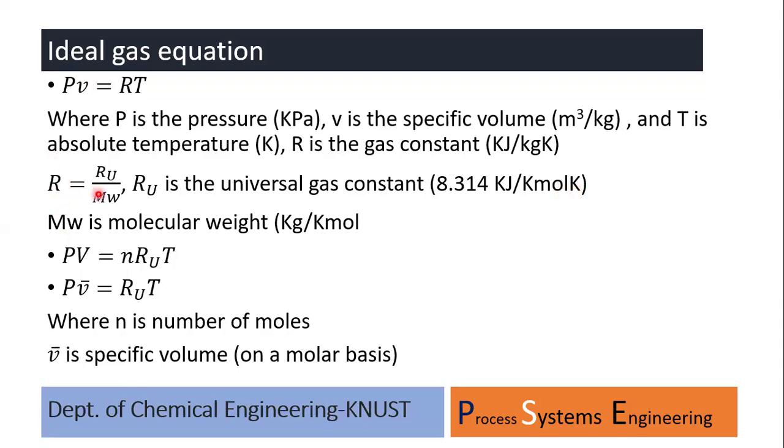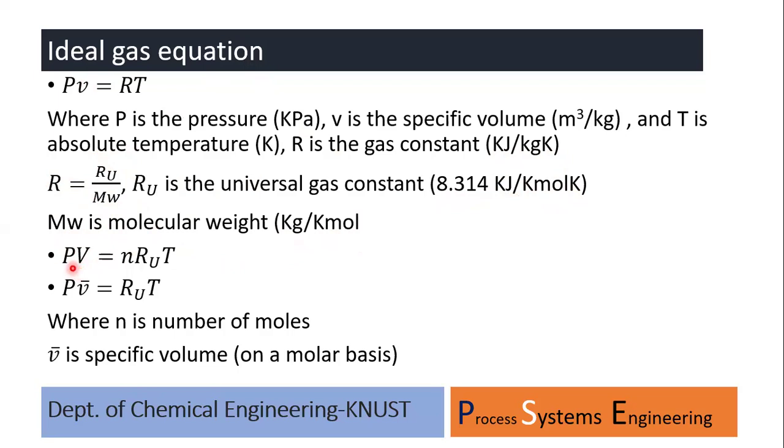And then the relation is that R is equal to RU divided by the molecular weight of the gas we are dealing with, or the mixture of the gases we are dealing with. So if I have kilojoule per kilomole Kelvin, and I divide by the molecular weight, which is kilogram per kilomole, I'll end up with kilojoule per kilogram Kelvin. Is that okay?